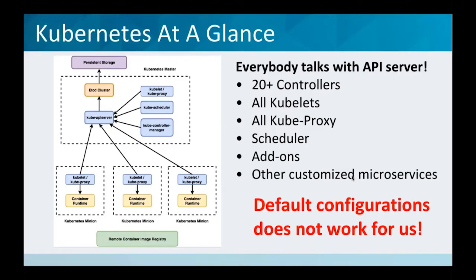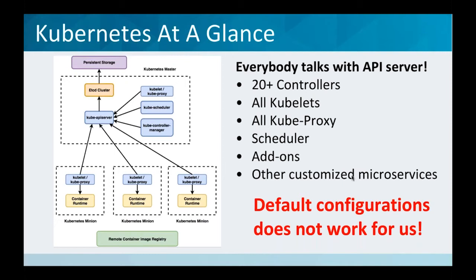So I'll give you guys an example. Imagine you're creating a pod. First, you have a POST API call into the API server with a pod spec. Because every Kubernetes component talks with the Kubernetes API server, that pod will be propagated to the scheduler, because it's a new pod and it needs to be scheduled. The scheduler will run its scheduling algorithms to decide on which node this pod should run.